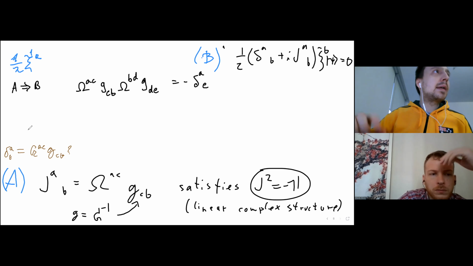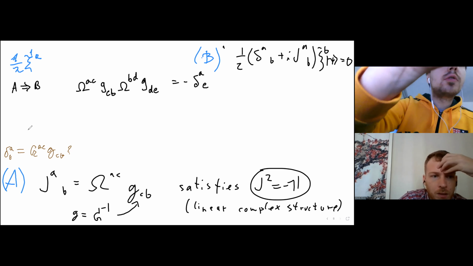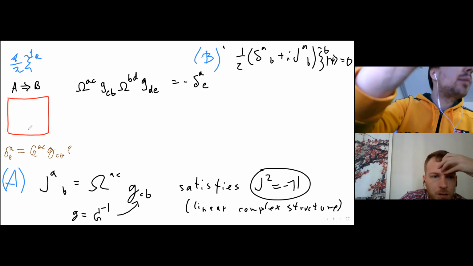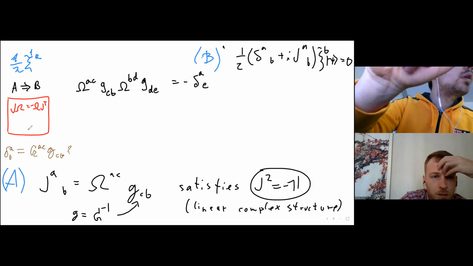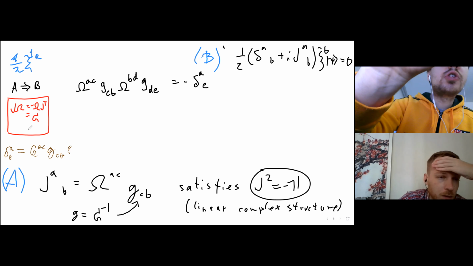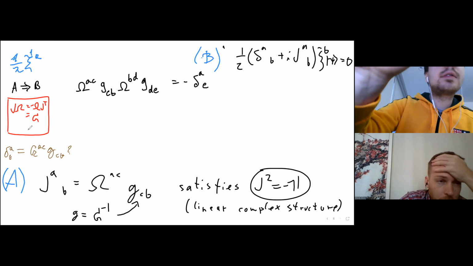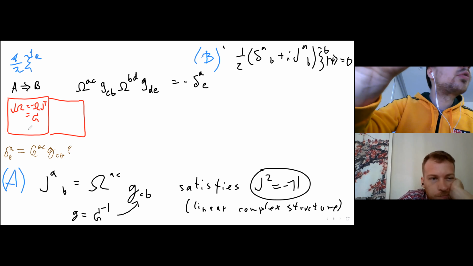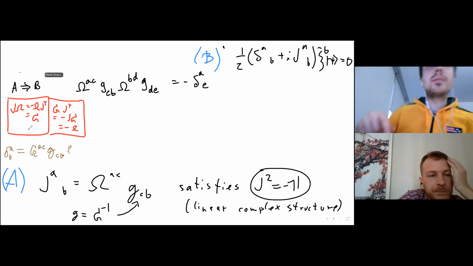Namely, I can tell you it would be useful to prove just from these properties J omega to be equal to minus omega J transpose, and that is equal to G. And in a similar way, it would be useful to prove that J transpose is equal to minus J G being equal to minus omega.